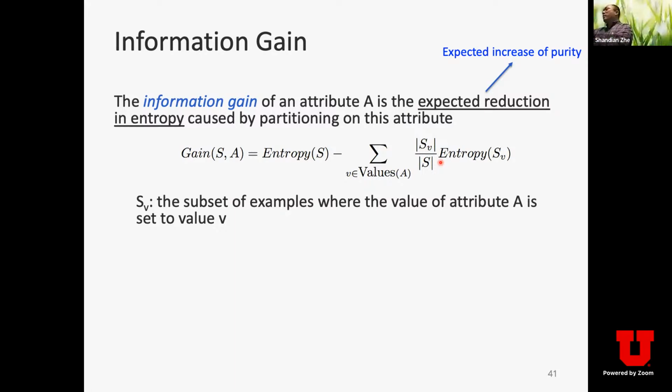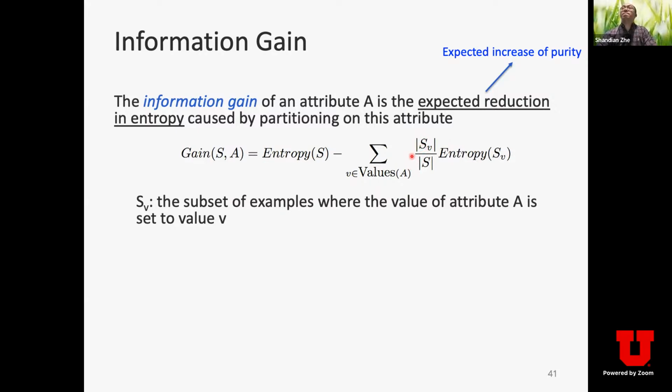So the purity of the larger subset matters more than that of the small subset. That's why we reweight the entropy of each subset proportionally to its size.